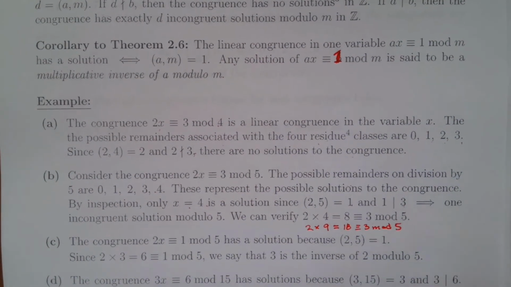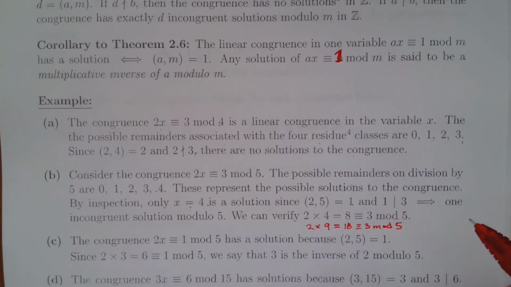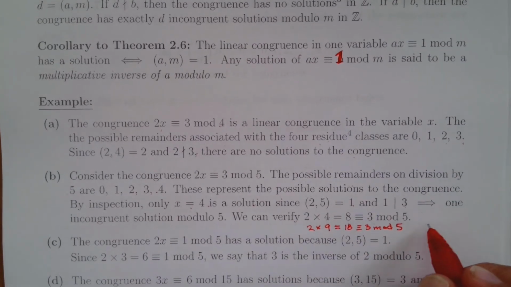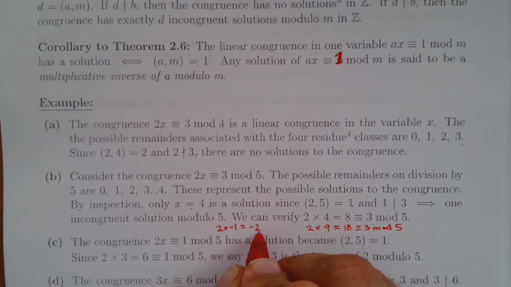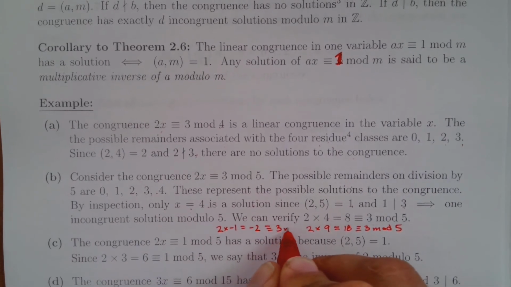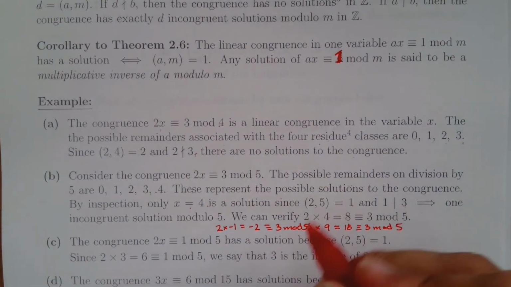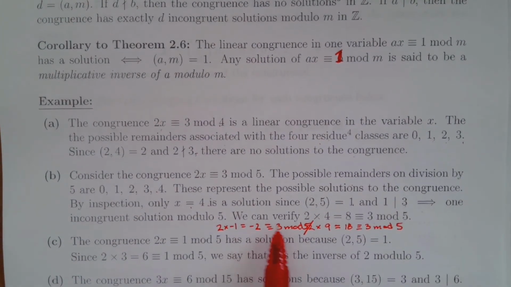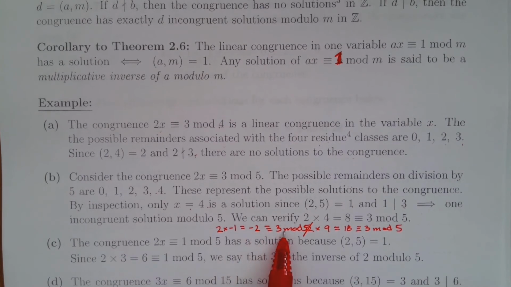Similarly, if I subtracted 5 and took 2 times negative 1, that's equal to negative 2, and that's going to be 3 mod 5. The reason is that if I add 5 to negative 2, I'm going to have 3 left over.